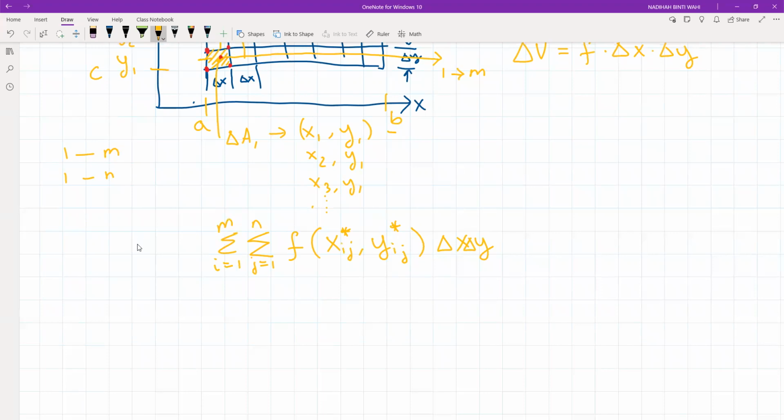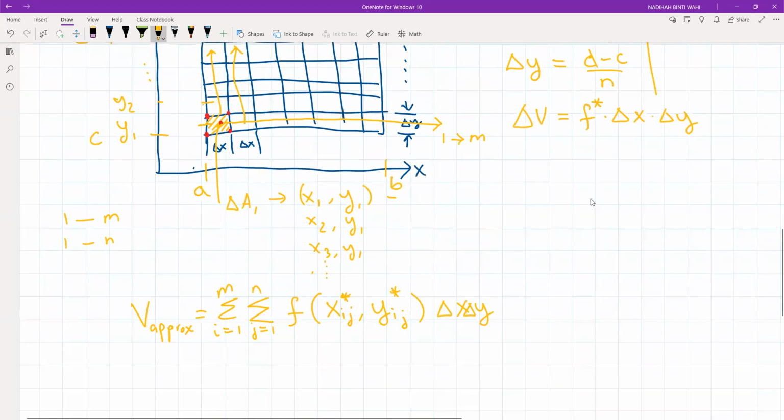This is also an approximation, because the values of m and n are finite. Same as before, if you want to make it exact, we need to increase the values of m and n.